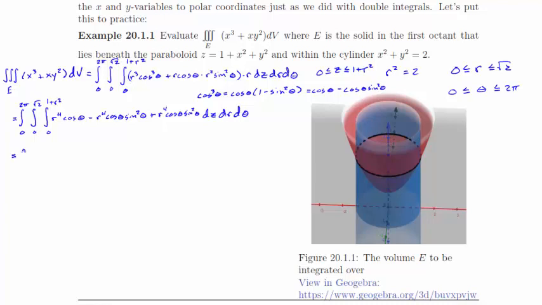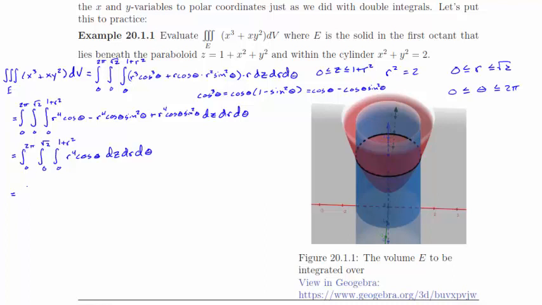So I get that this equals the integral from 0 to 2 pi, the integral from 0 to the square root of 2, and the integral from 0 to 1 plus r squared of r to the 4th cosine of theta dz dr d theta. And that's not so bad.